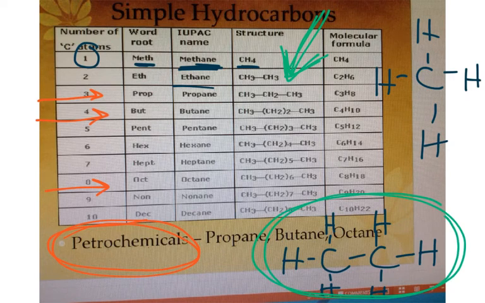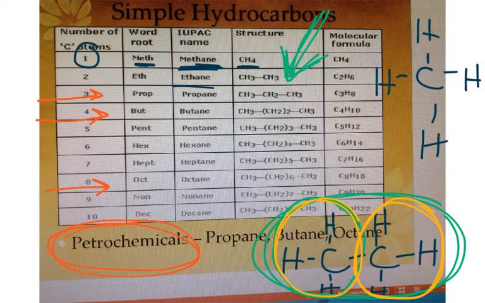Because if you look carefully at this molecule, I have a carbon bound to 3 hydrogens right there, and then another carbon bound to 3 hydrogens. So instead of drawing the whole thing out every time, it's notated CH3, that's this part, CH3, that's this part.